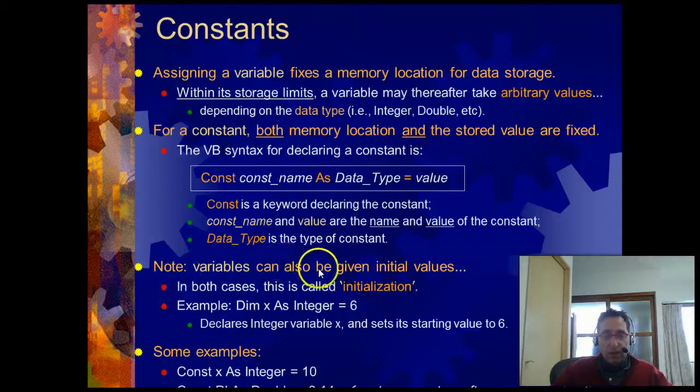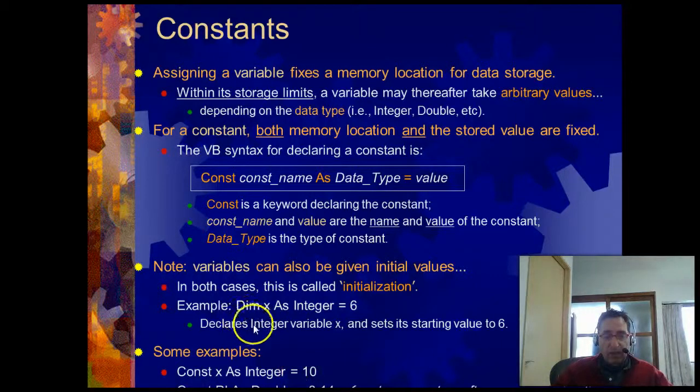Variables can also be given initial values. So that's a little different. In both cases, this is called initialization. So you could do this: Dim x As Integer = 6. So we're declaring x as an integer and saying it's equal to 6, but this is not a fixed value. You can change it later. But if you do this one here, you can't change it later.